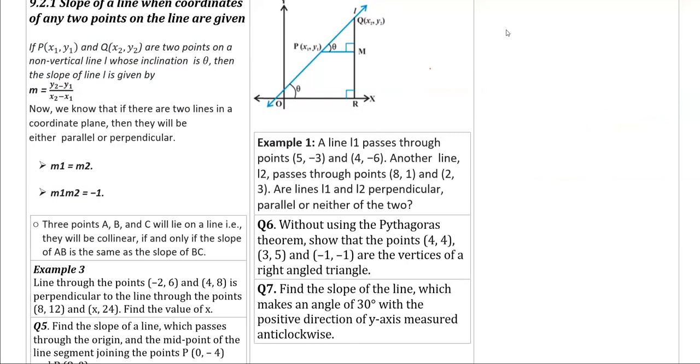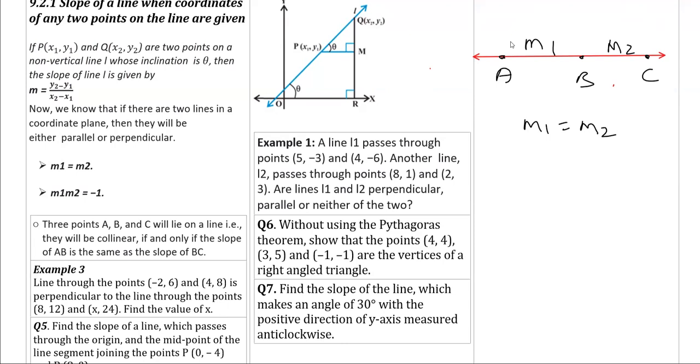Now let's consider one more case, when points are collinear. Let's say I took a line here, and I'm taking 3 points somewhere. Let's say this is A, this is B, and this is C. Now, if I am interested in finding the slope of AB, and if I say it is m1 and BC, say it is m2, so we can say that since it is the slope of the same line, therefore m1 is equal to m2.